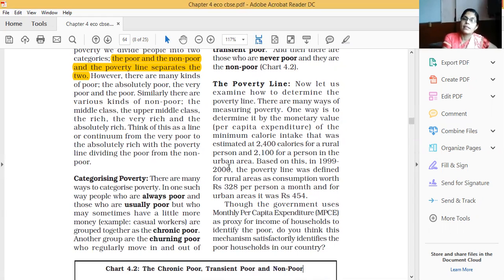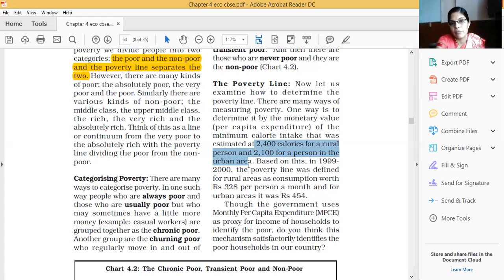Who has decided this calorie? I said just now that the Indian Medical Council research has decided this calorie figure of 2,400. You can highlight it: 2,400 calories for people in rural areas and 2,100 calories for people in urban areas.